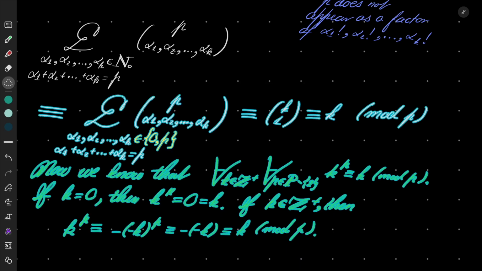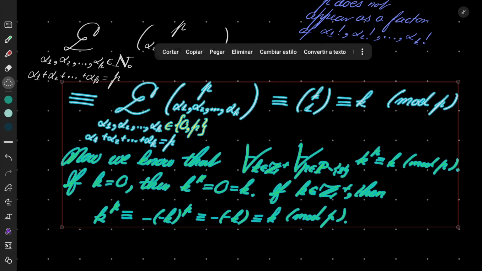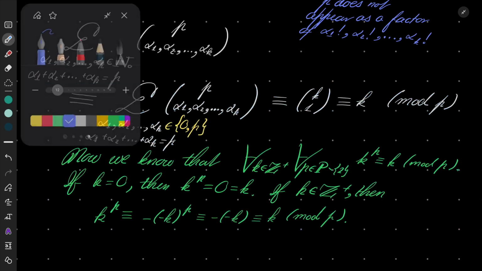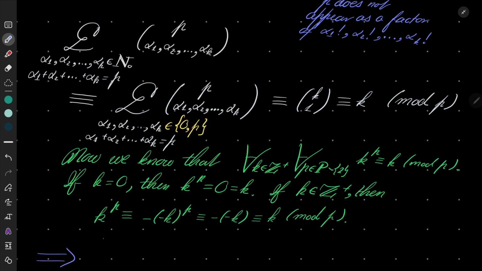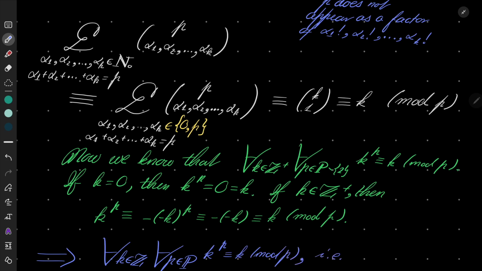I need some space, so I will put my sum higher. And now we know that this implies, finally, that in fact for every integer k, and for every prime, for 2 also, because 2 was considered first, for every integer k, for every prime p, k to the power of p is congruent to k modulo p, in other words, p divides k to the power of p minus k.